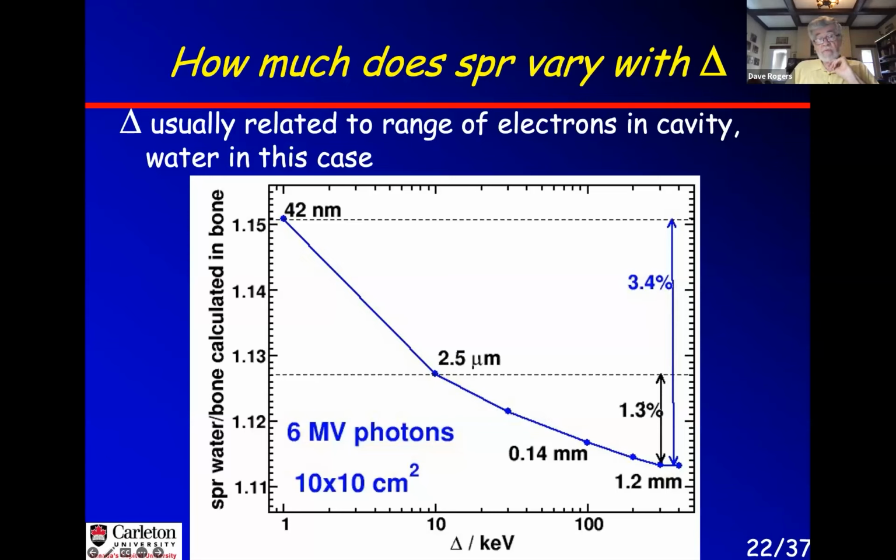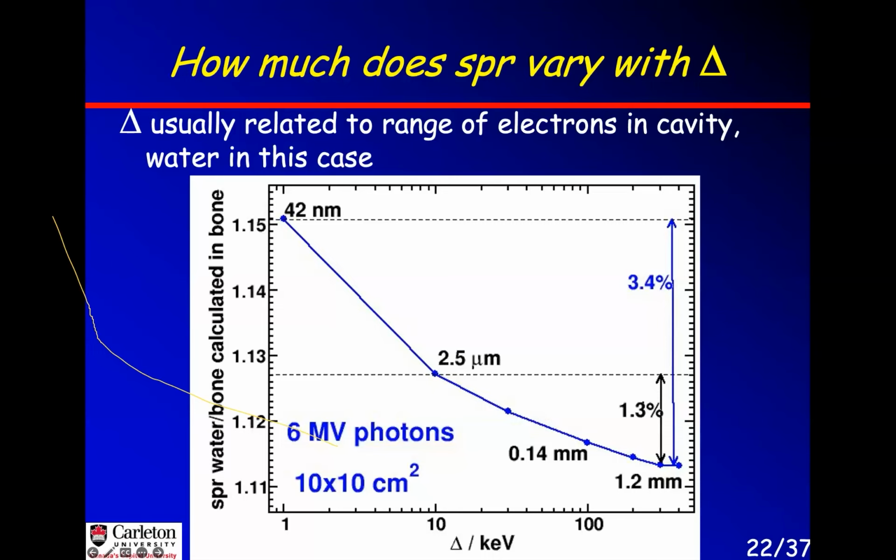And again, this is me being obsessive about what looks like details, but if we change the cutoff, so in virtually every calculation that you see in, say, TRS-398, we use a cutoff for ion chambers of a delta of 10 keV, and so that corresponds here. But when you're talking about bones and water, what I've said is that a cutoff of 10 keV corresponds roughly to a 2.5 micron range for the electrons that you're talking about. And if you talk about 1 keV, it's 42 nanometers.